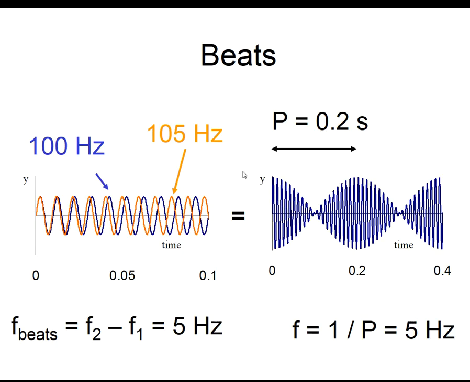So here's our concept, beats. This is an example of temporal interference. When I have two waves that are very close to each other in frequency, but not quite, then we notice that they sort of get out of sync with each other. The perfect example that works for me is have you ever been at a traffic light and you notice that you have your left blinker on, and the person in front of you also has their left blinker on.